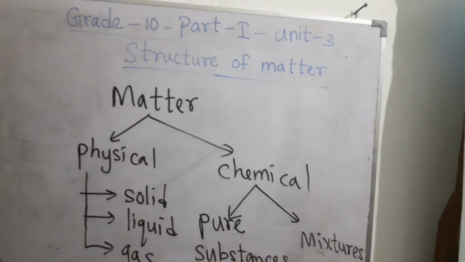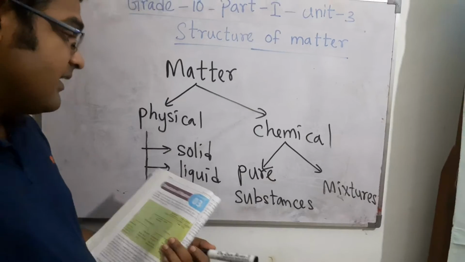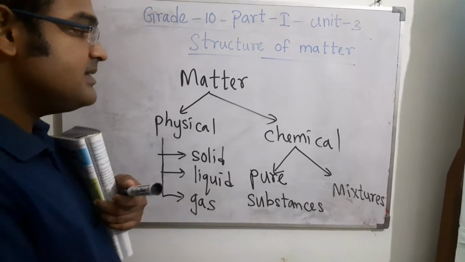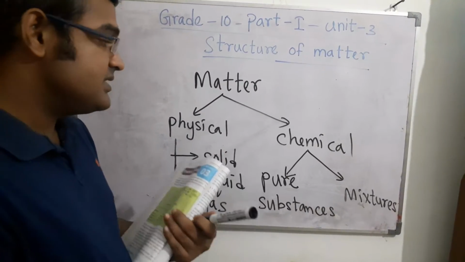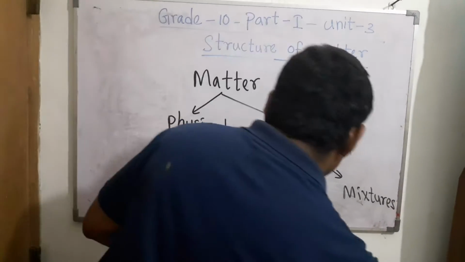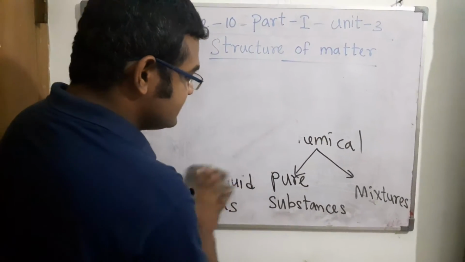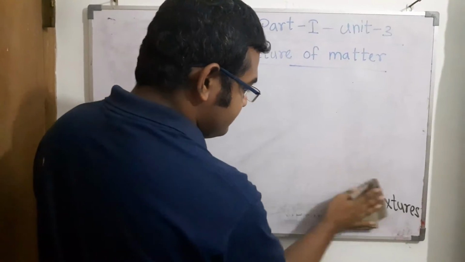Then pure substances also can be subdivided as elements and compounds. Mixtures, homogeneous and heterogeneous. We'll divide these pure substances and mixtures once again.